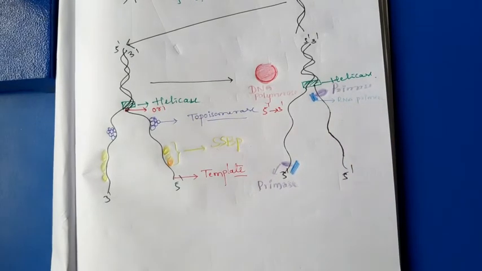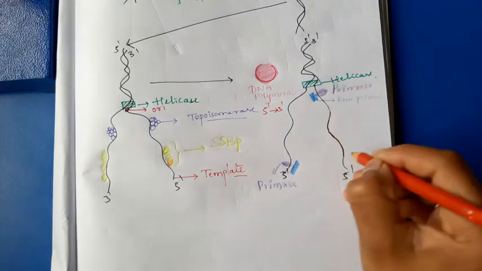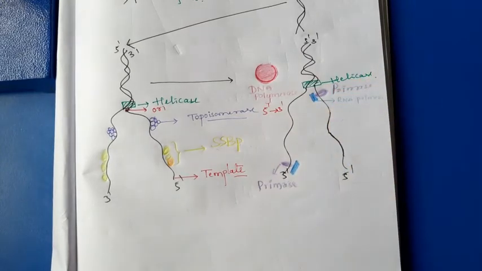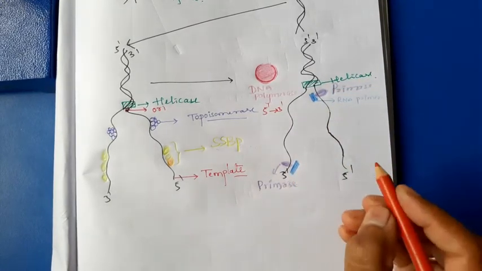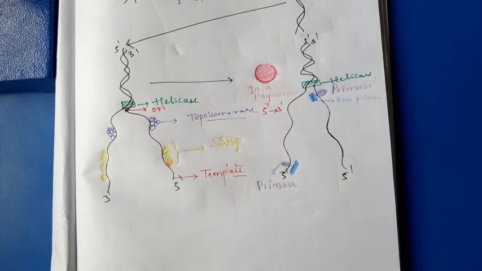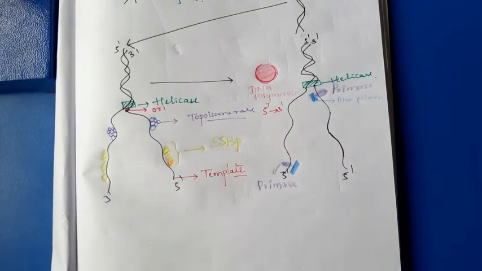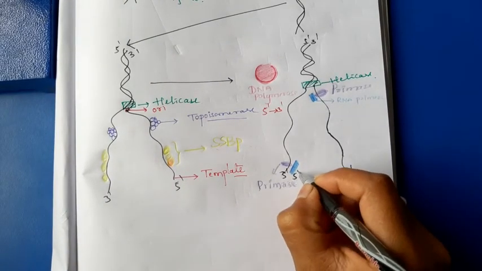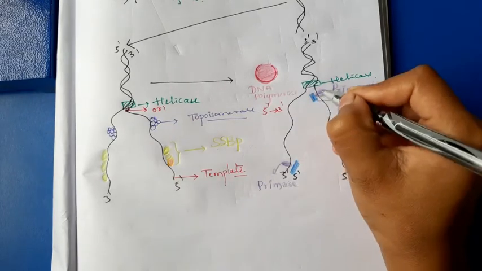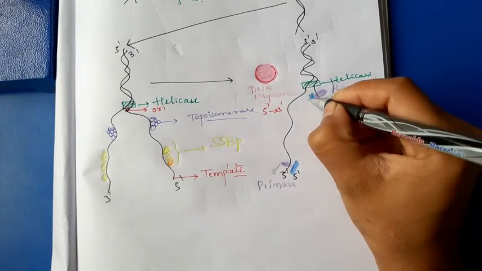The RNA primer is added in the polarity of 5' to 3'.